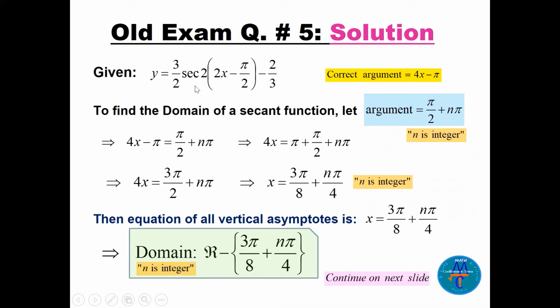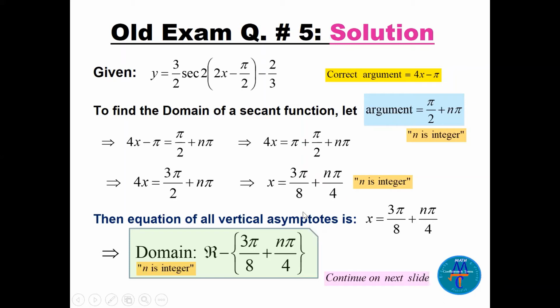Now we need the domain of the secant. Remember, secant is 1 over cosine of x. So we let the argument equal pi over 2 plus n pi. I take the correct argument, 4x minus pi equals pi over 2 plus n pi. Take pi to the other side, you add here 3 pi over 2, all the details are there, divide by 4, so you get x equals 3 pi over 8 plus n pi over 4, where n is an integer.